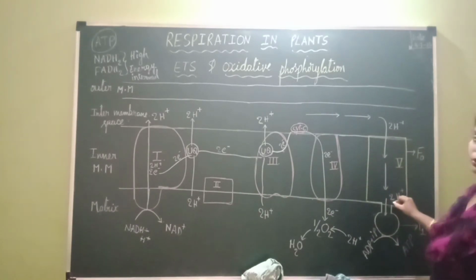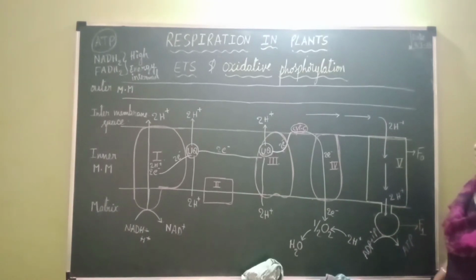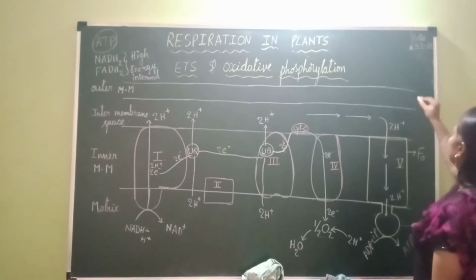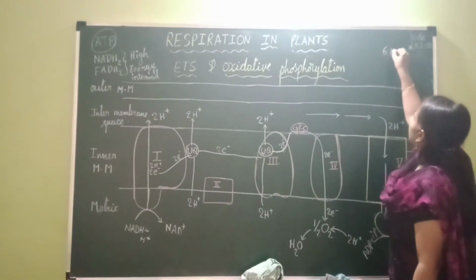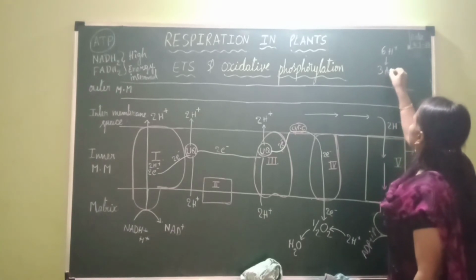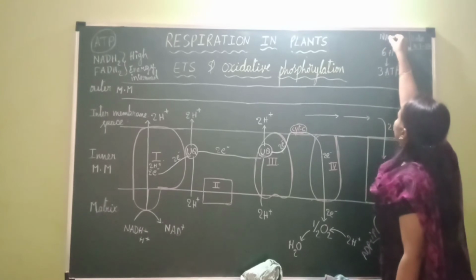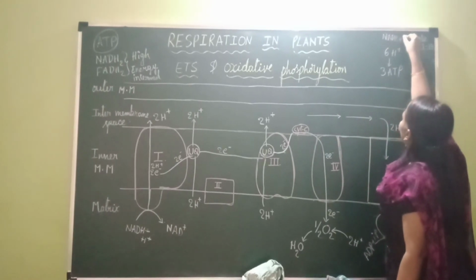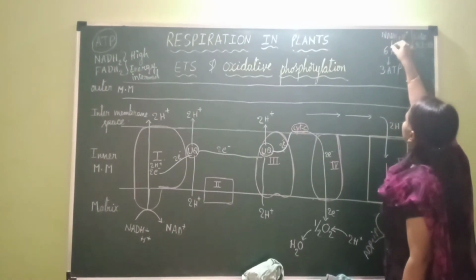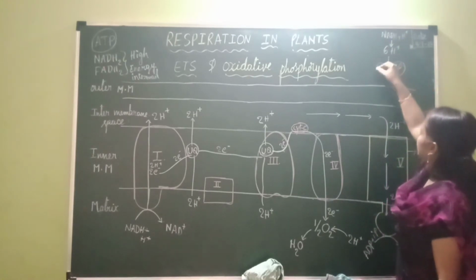So for every two protons that enter the fifth complex, 1 ATP is formed. How many protons are accumulated in the intermembrane space? Totally 6 protons, which result in the formation of how many ATPs? 3 ATPs. So due to the oxidation of one molecule of NADH plus H plus, 6 protons are accumulated in the intermembrane space and 3 ATPs are synthesized.